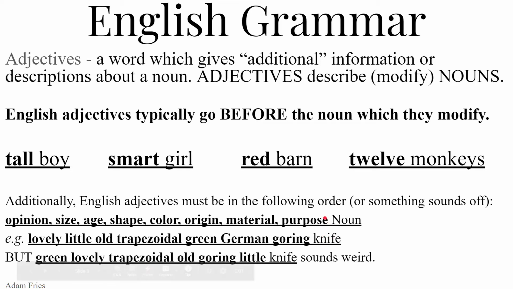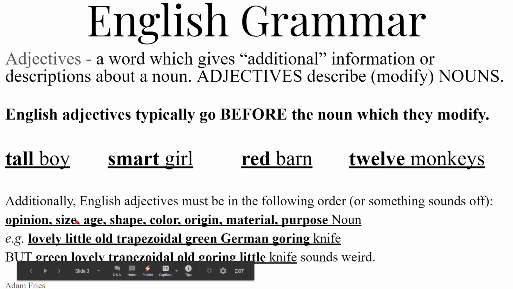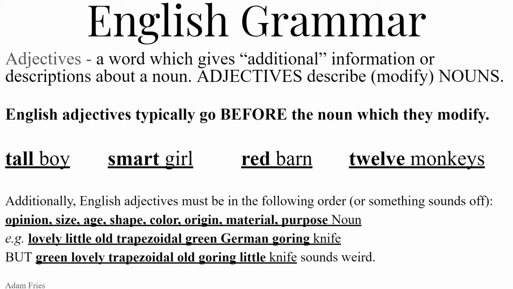But if you take them out of that order and say, I have a green, lovely, trapezoidal, old, goring little knife, that just sounds odd, especially the little knife at the end. We would expect that somewhere else under size. Lovely little. You'd expect little earlier in the list. This isn't really terribly important, but it does go to show how adjectives work in English, and there is a little bit of word order here.